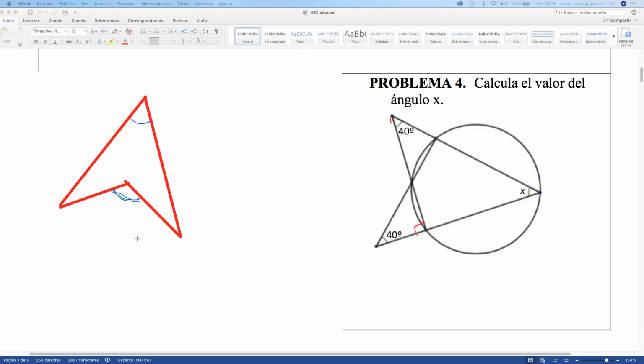This is A, this is B, this is C. We will have that this is A plus B plus C. Why? That's right. Is that right? Yes, that's right.